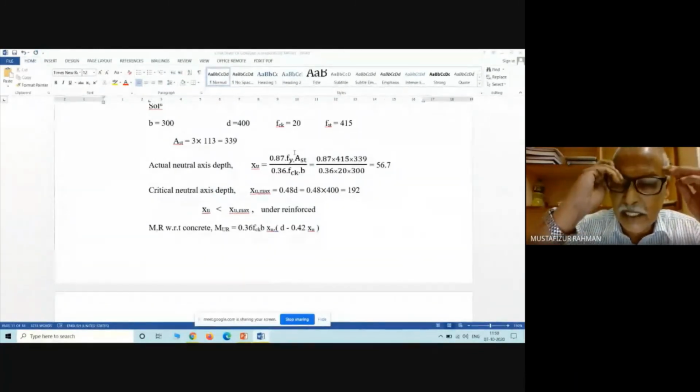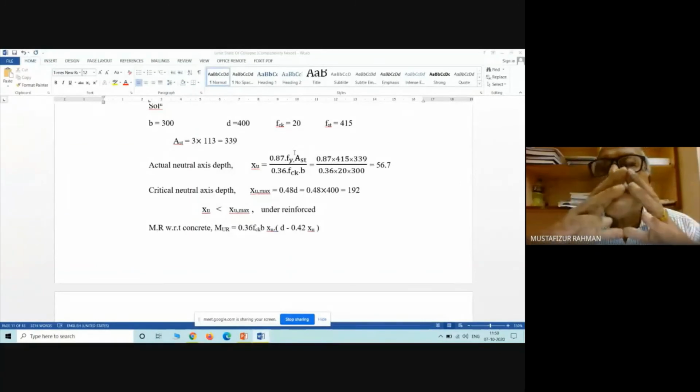So Ast is known. Okay, so how to solve this so easily? We know our total compression C is 0.36 fck b into xu, and total tension in steel is 0.87 fy Ast.